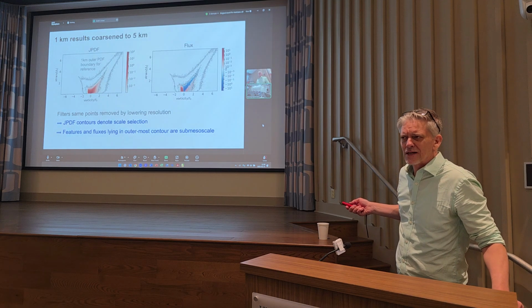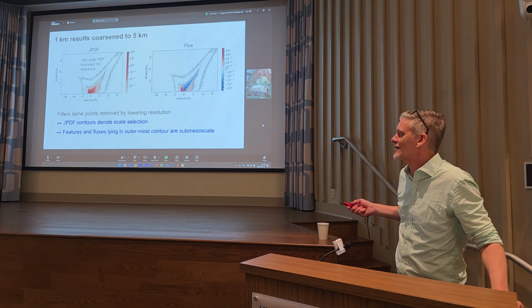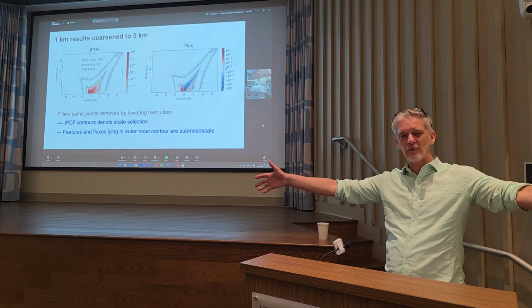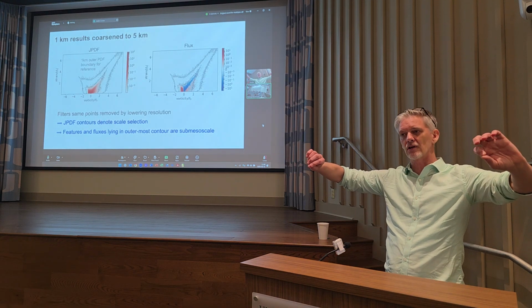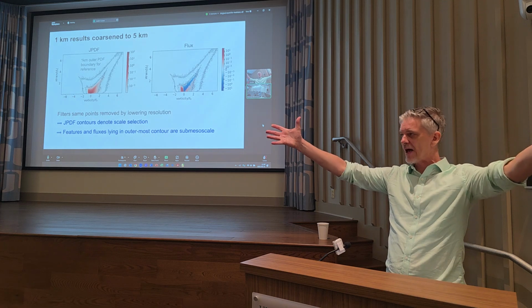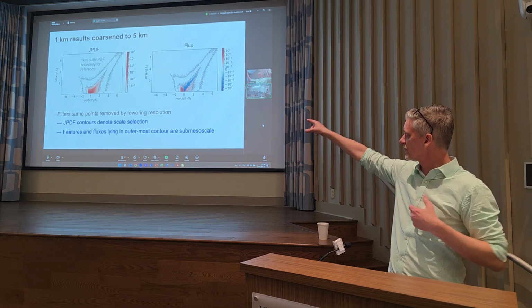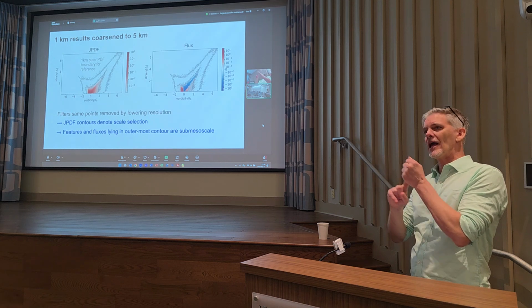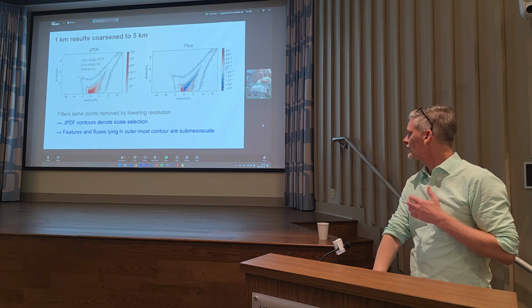Does that make sense? If I take the high resolution flow and just smooth it down to 5 kilometer, it's cutting out those small scales in this self-similar way in this plot. So we have feature and scale by this analysis. Yeah.